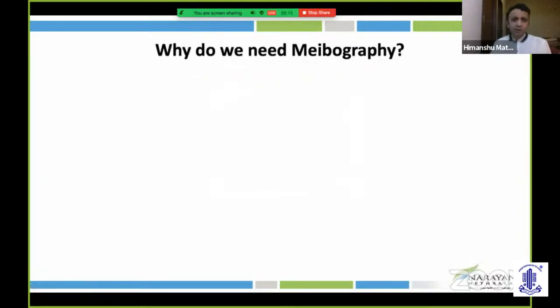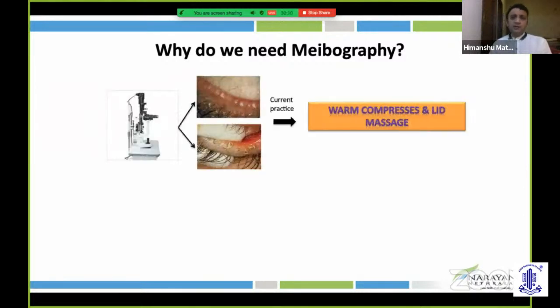Why is it important? Well, we know that in case of MGD, the mainstay of treatment has to be warm compresses, lid massage, or treatment protocols like LipiFlow or iLux and such newer treatment devices.